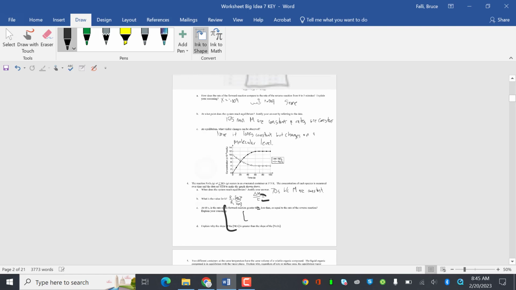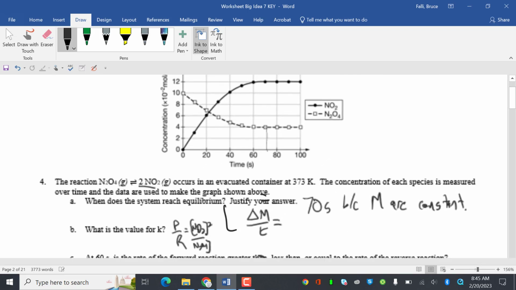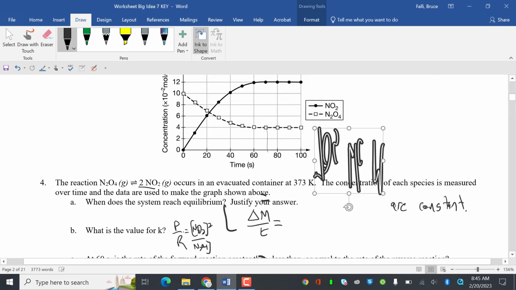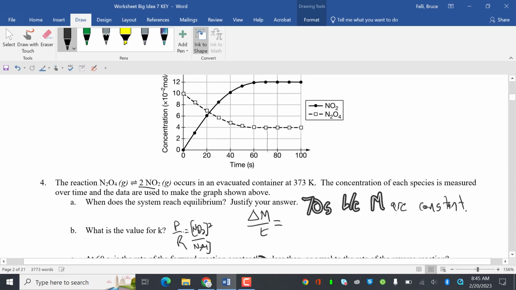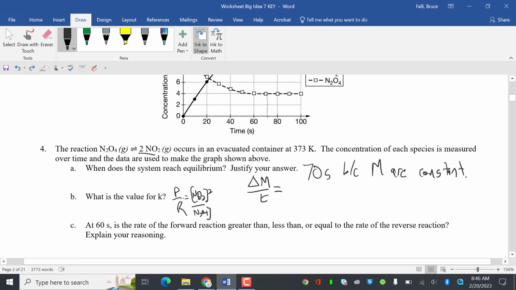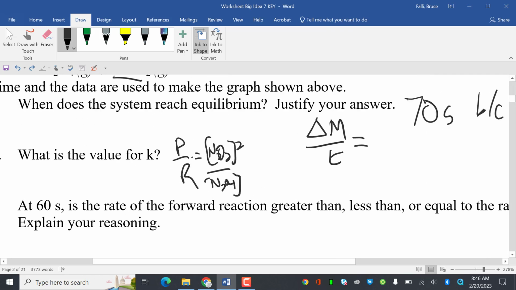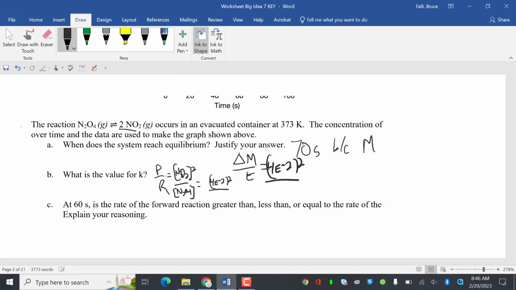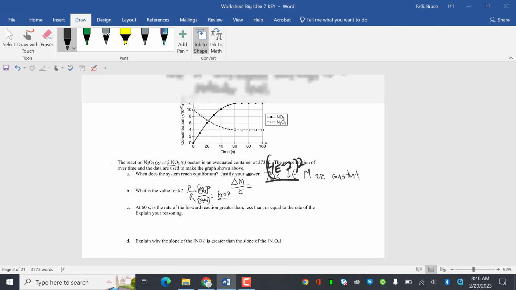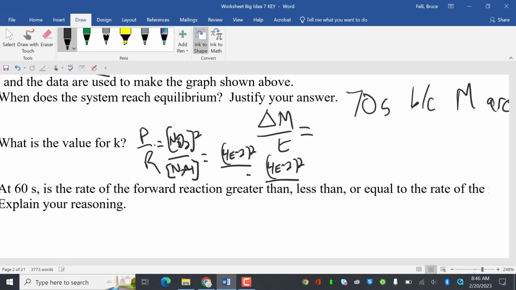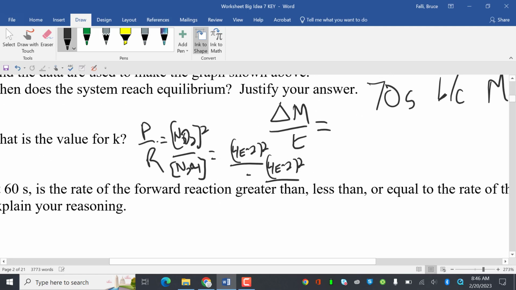Whoops. So it's going to be 4E negative 2 squared over, and then let's see what N2O4 is. N2O4 is going to be 12E negative 2, and that is not squared.